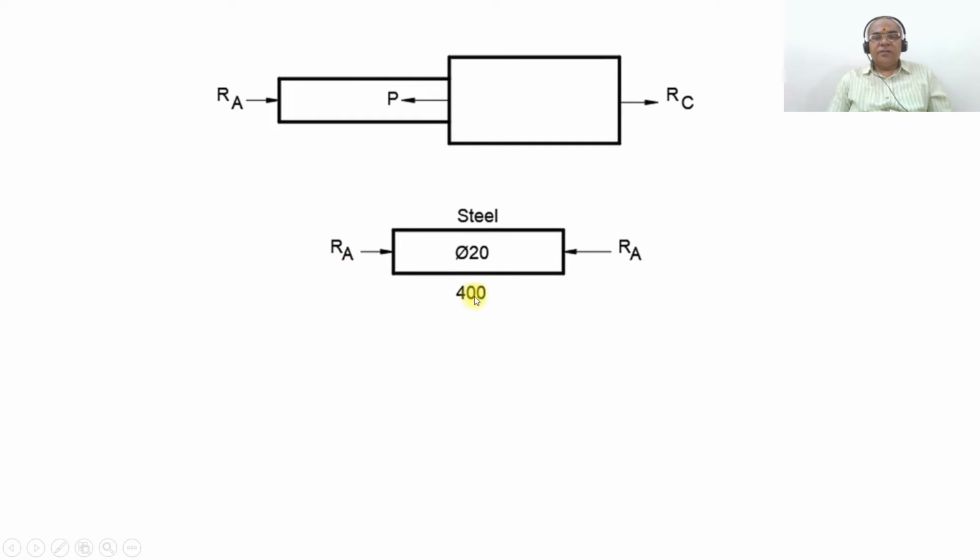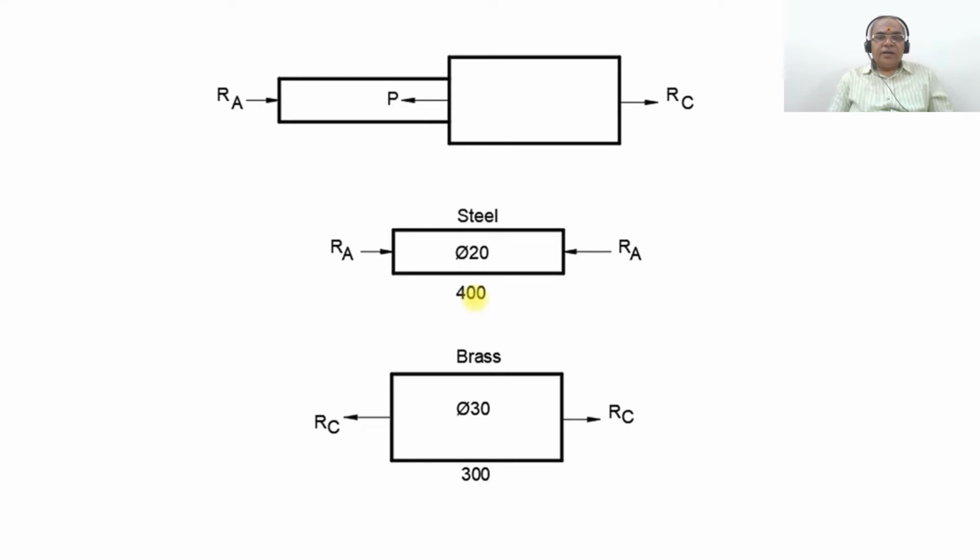The length of the rod is 400. When you are considering the second one, here this is RC, so naturally this side is also RC. This diameter is 30 and the length is 300. So this is the brass bar.